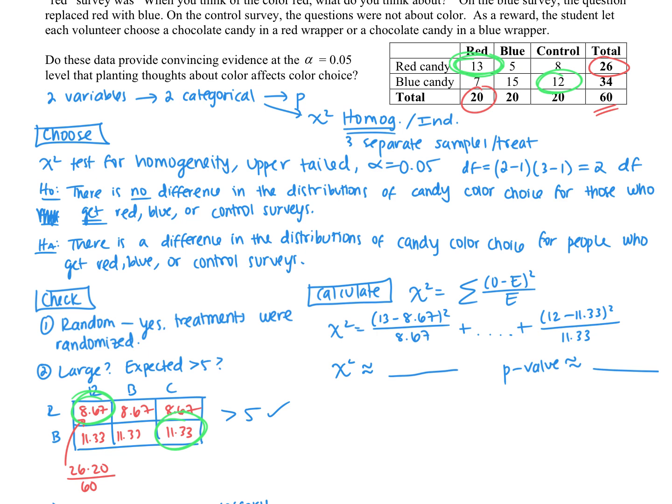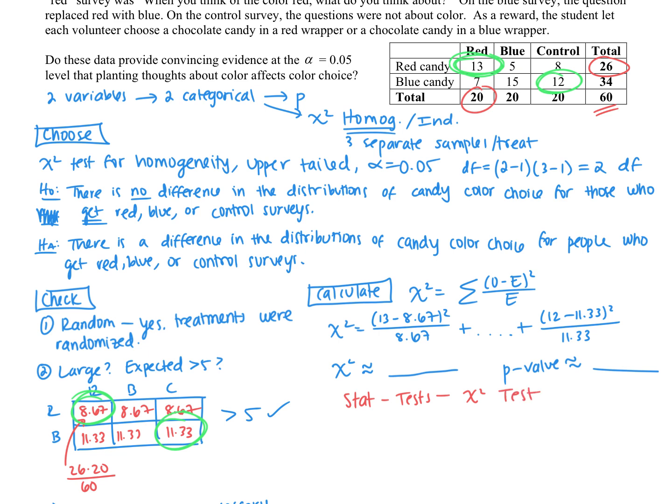What I want everybody to do, and everybody's going to do this the exact same way: right now, hit Stat, go to Tests, and if you scroll down for a while, you should see chi-square test.